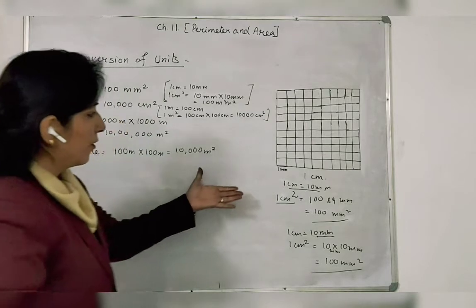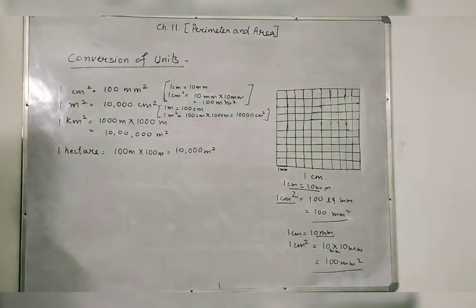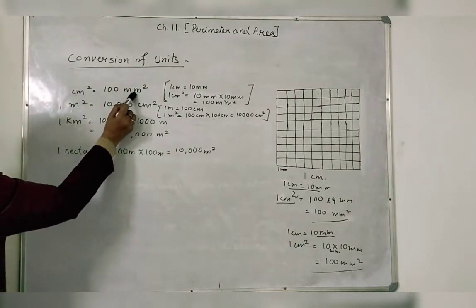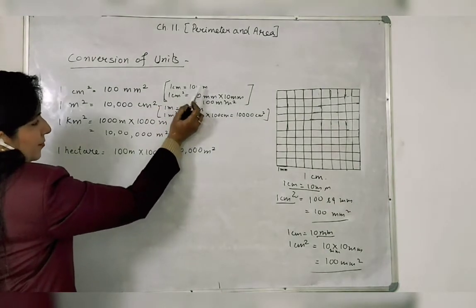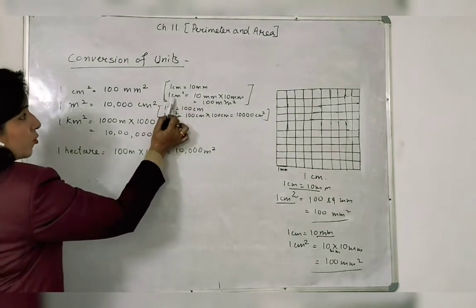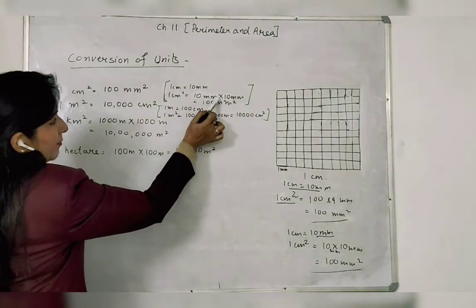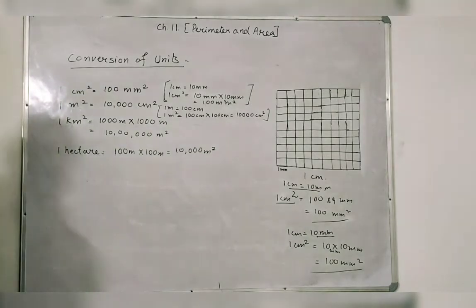So now let us discuss these units. We discussed 1 centimeter square equals 100 millimeter square. The reason: 1 centimeter equals 10 millimeter, and 1 centimeter square will include 10 millimeter into 10 millimeters, that is 100 millimeter square.